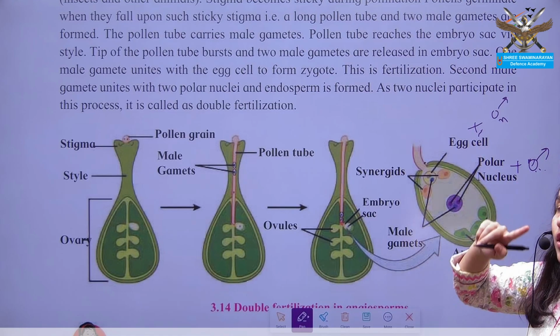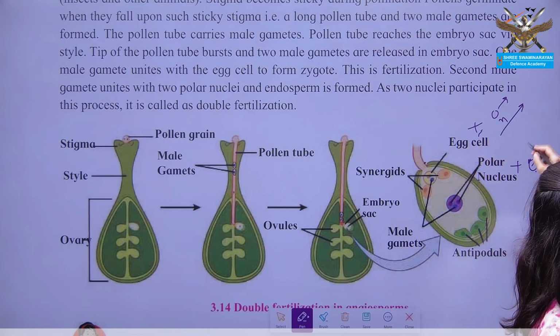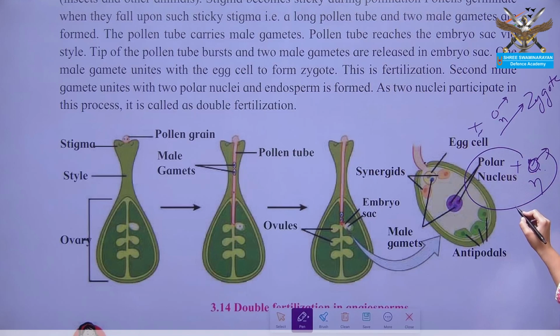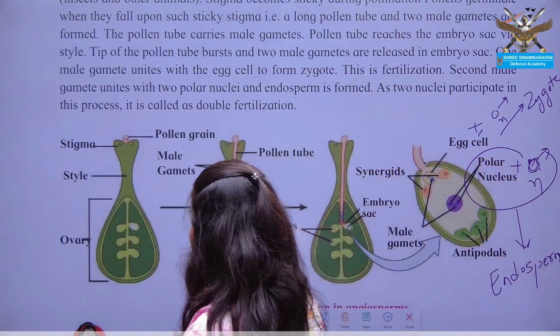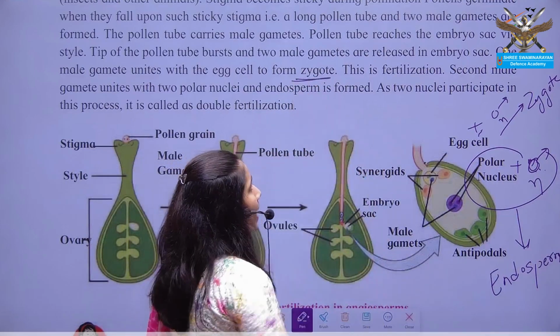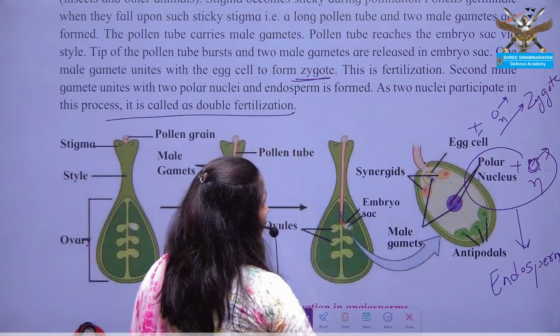The one which is going to fuse with the egg cell is going to give rise to the zygote, and the one male nucleus which is going to fuse with the polar nucleus is going to give rise to the endosperm. What is endosperm? Endosperm is a nutritive material which is going to support the development of the zygote, and this process of fertilization is known as double fertilization.